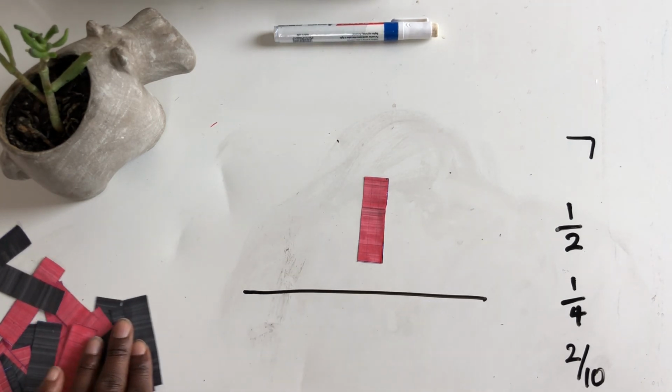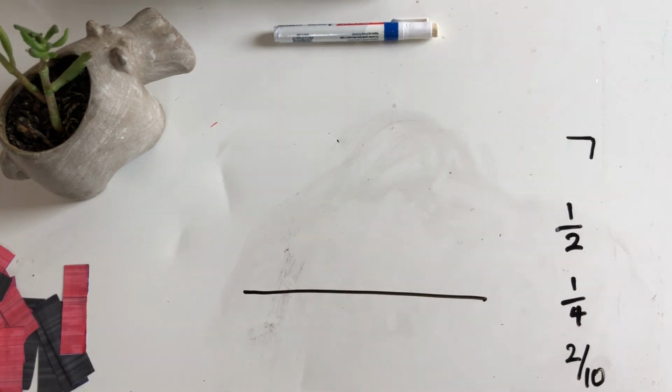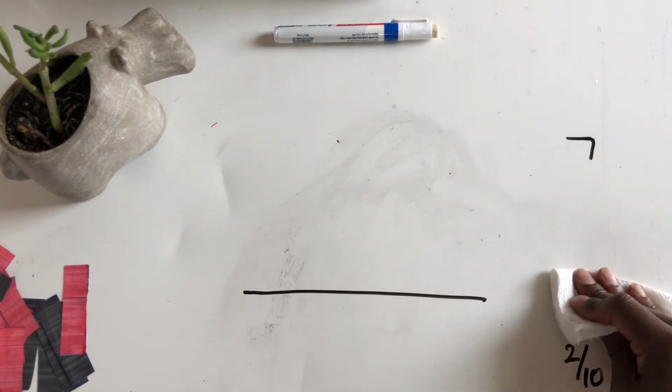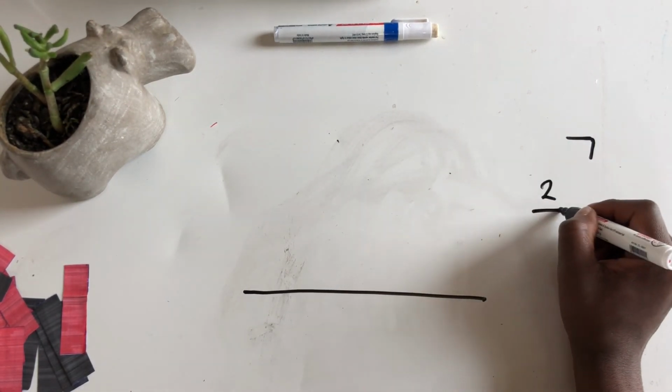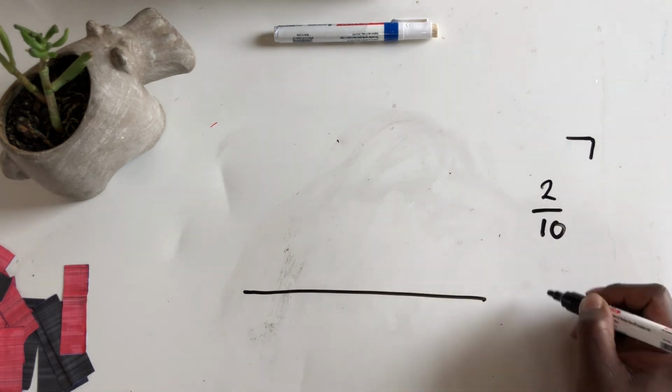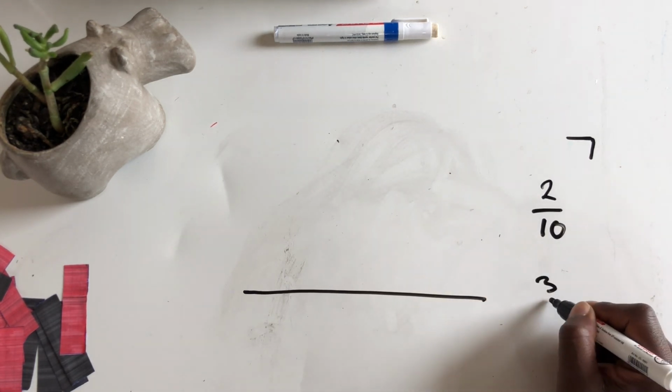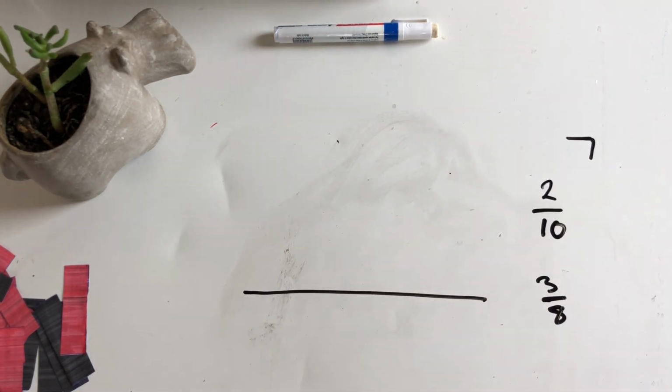Okay. Now let's look at the next one. The next one is 2 over 10. And then the fourth one will be 3 over 8. Okay?